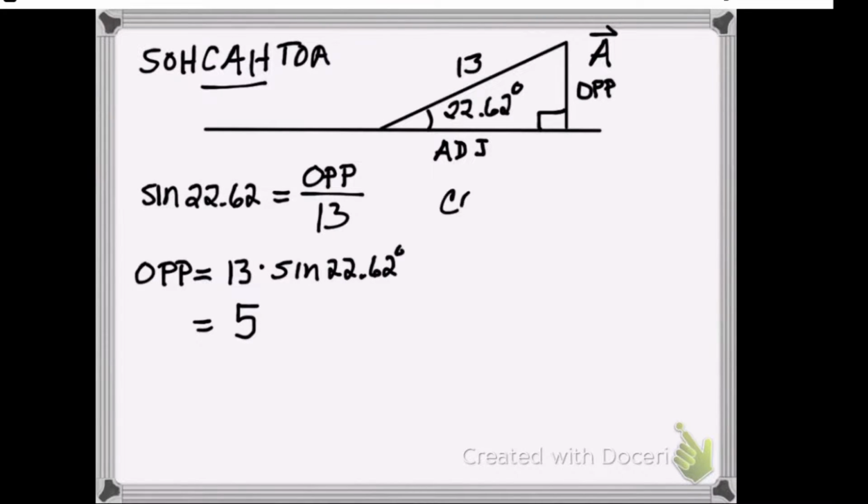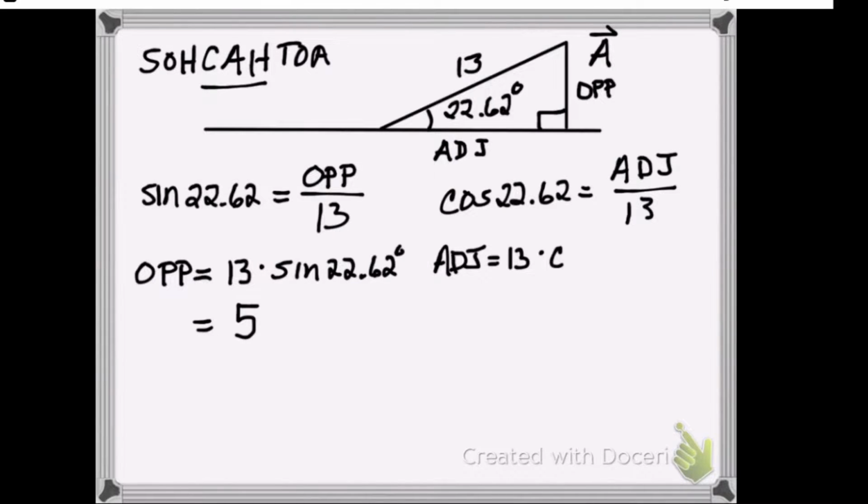And so the cosine of 22.62 degrees is equal to the adjacent side of the triangle divided by the hypotenuse, which is 13 again. And then we're going to multiply both sides of the equation and swap the sides of the equation. We get adjacent is equal to 13 multiplied by the cosine of 22.62 degrees.